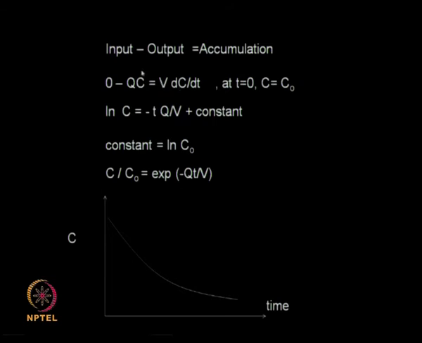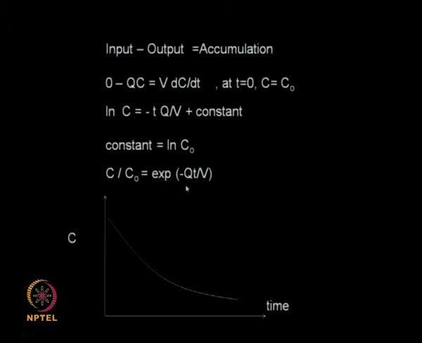So it is a first order differential equation. At t equal to 0 we are injecting some solute, so at t equal to 0 C will be equal to C naught. If you integrate this and substitute these, you will end up with C by C naught equal to exponent of minus Q into t divided by V. C is the concentration of the solute that is leaving the tank, C naught is the concentration of the solute that was injected at time equal to 0.